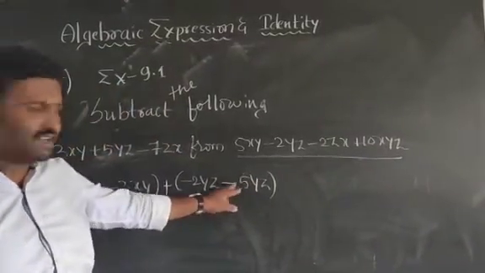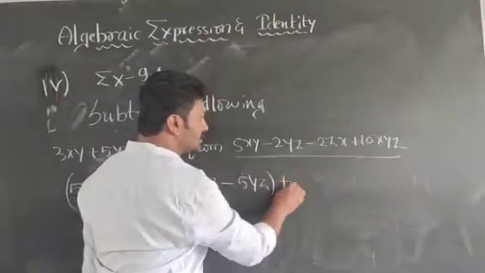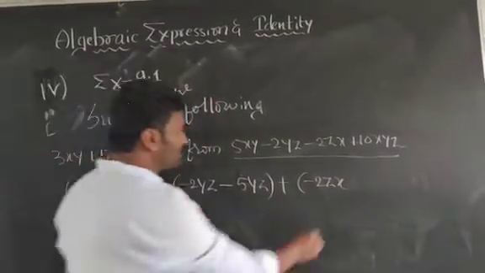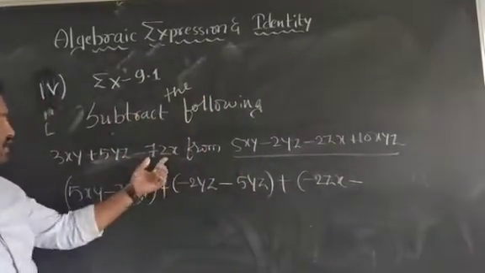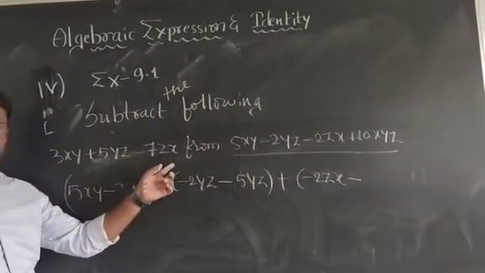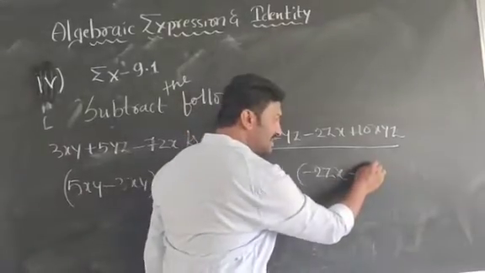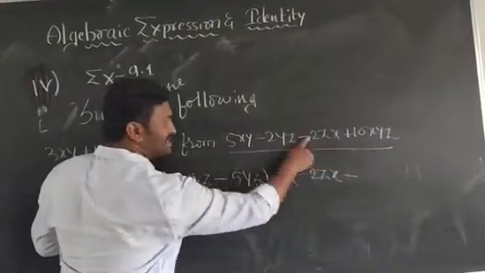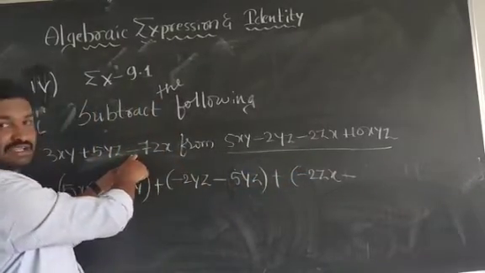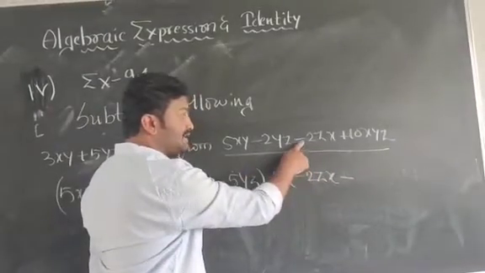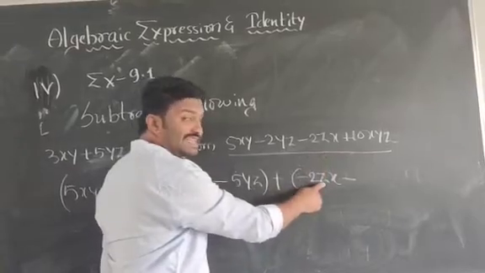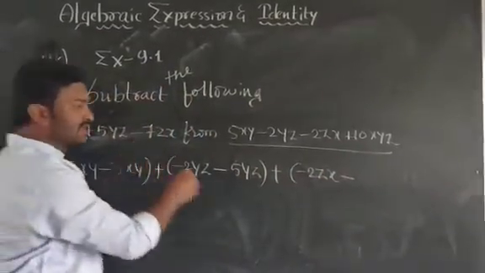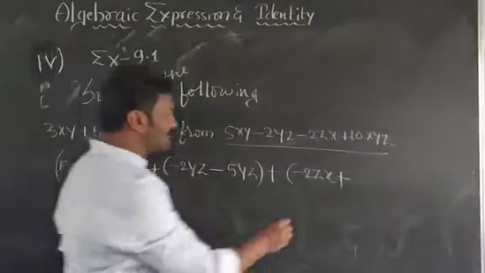That's why I wrote minus. And here minus 2zx. Here zx terms are there or not? Minus 7zx, minus into minus: this minus and this minus becomes plus 7zx.